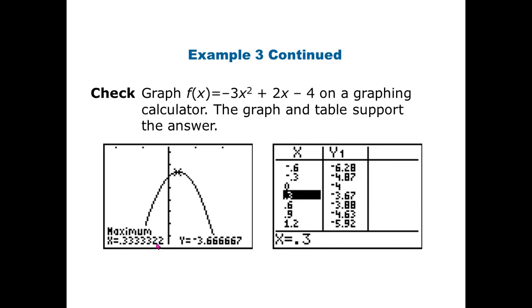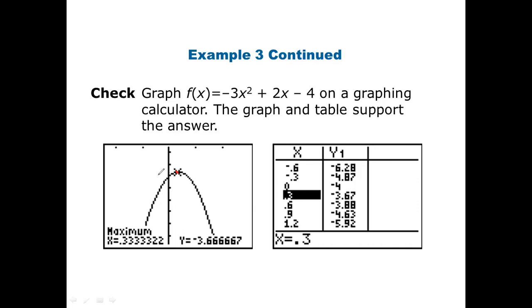So for the x, it is 1/3 or 0.333. Okay, so that will be in this part. And then y is negative 11 over 3, which is negative 3.666. So that will be in here.